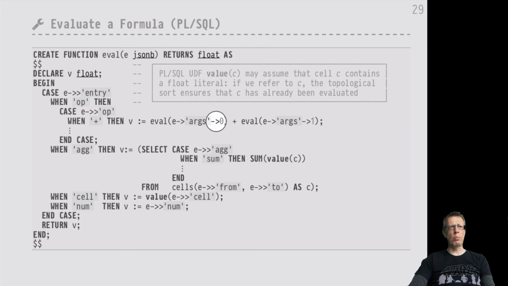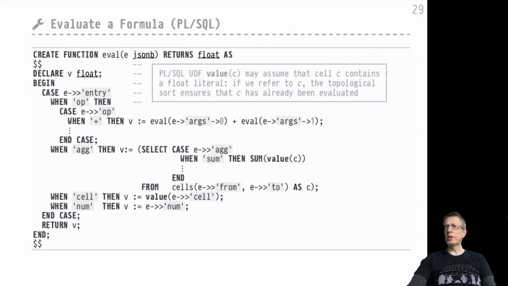It's a binary operator, so it will have the zeroth and the first element in the arguments array, and we would recursively invoke ourselves on these particular sub-expressions. That would already finalize the eval logic. Again, the hierarchical structure of the JSON object lends itself very nicely to a recursive exploration inside this SQL UDF, and recursive exploration and evaluation, as you can see here.